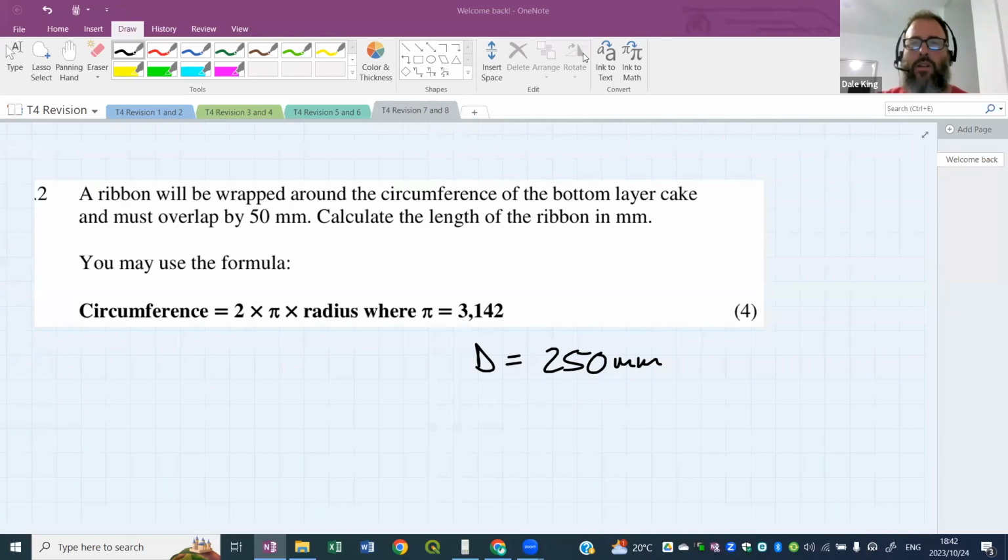Please don't worry about what other people are putting in chat. Make sure that you do your own work, because you need to see how you do with your method and your calculations. Don't worry about getting an answer out. Just make sure that your method and calculations are correct.